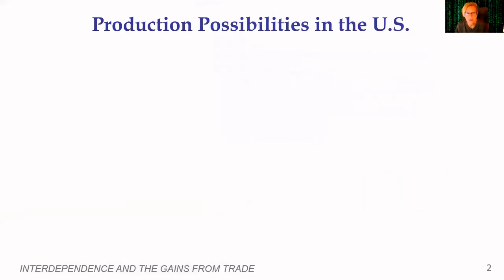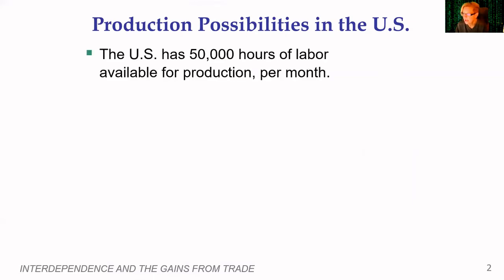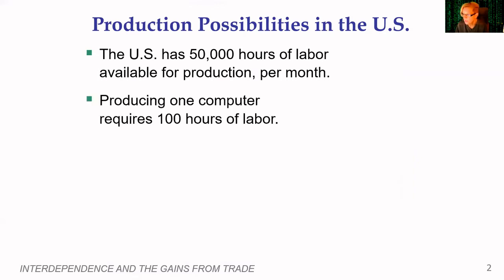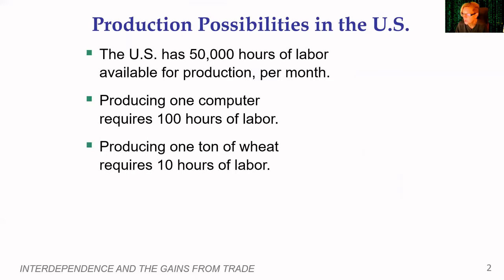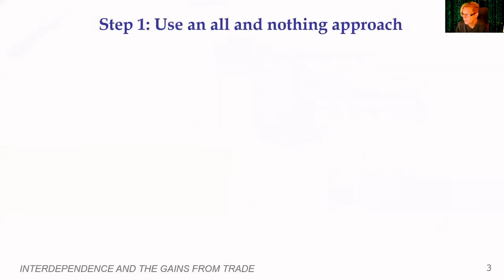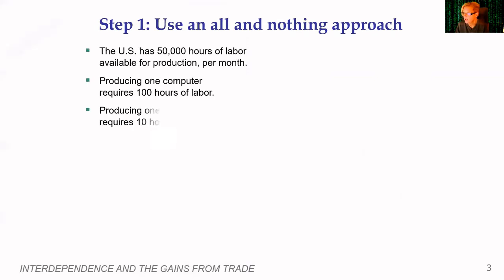Now, this is the same problem that we worked in Chapter 2, but now we're saying that this is the United States. So the United States has 50,000 labor hours available. To produce 1 computer takes 100 hours. To produce 1 ton of wheat takes 10 hours. So remember our steps in computing a production possibilities frontier. The first step is we use the all and nothing approach.